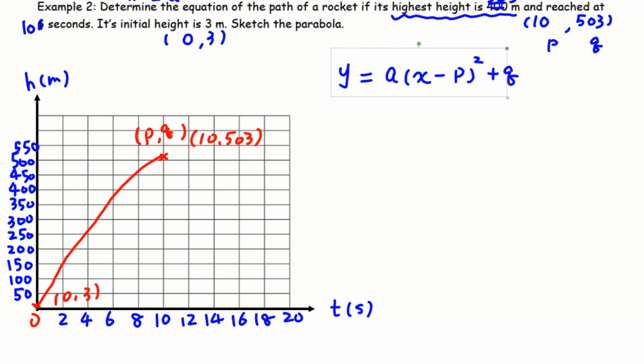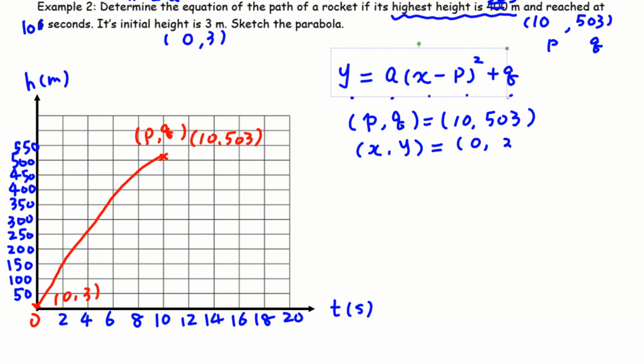So we have 5 letters, 5 variables in this equation. We need to have 4 given. So P and Q are given by the vertex, and x and y are given by using a point on the graph.